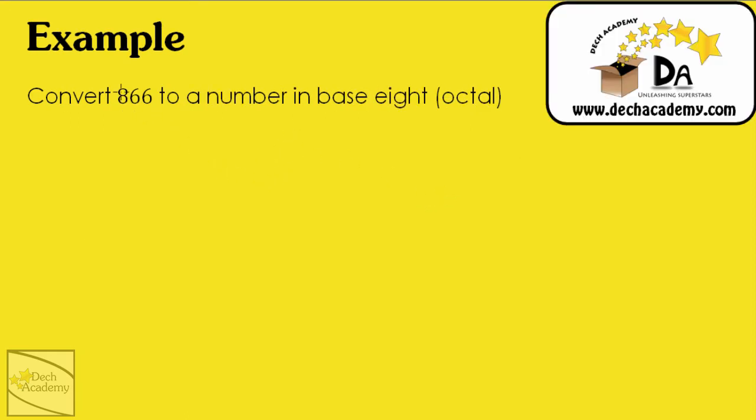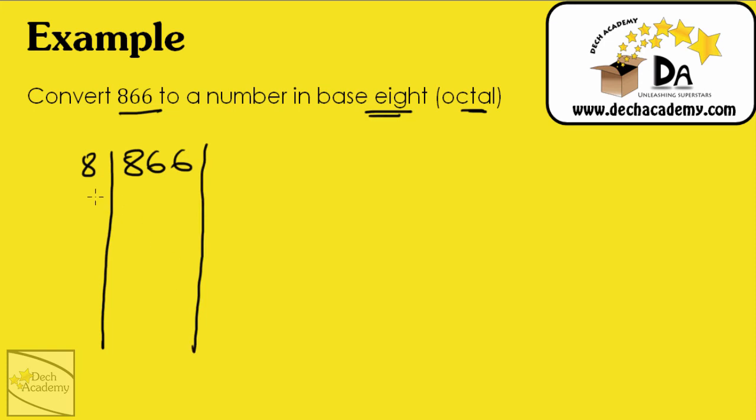Here's a final example. We are required to convert the number 866, which is a number in base 10, to a number in base 8, the octal number system. So we take the number we're converting and repeatedly divide it by the desired base whilst noting remainders till we get to a 0 here.